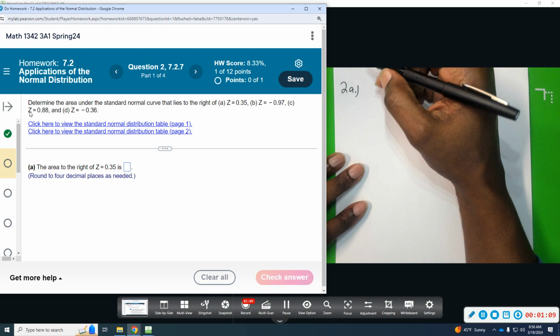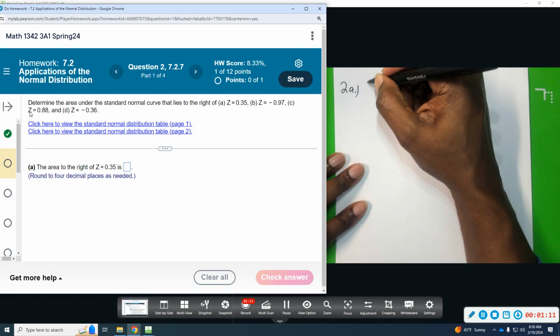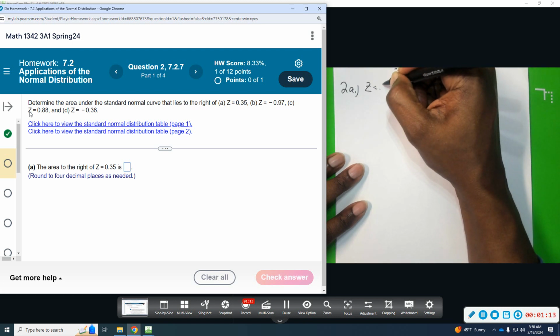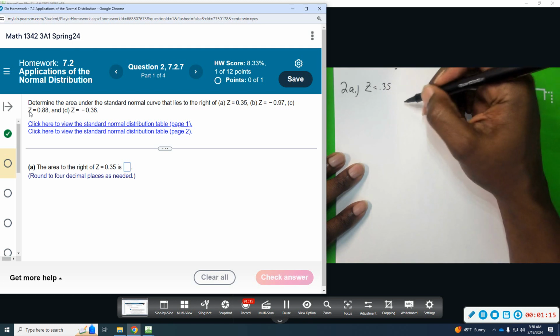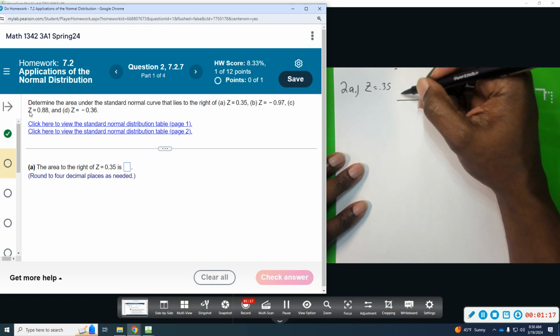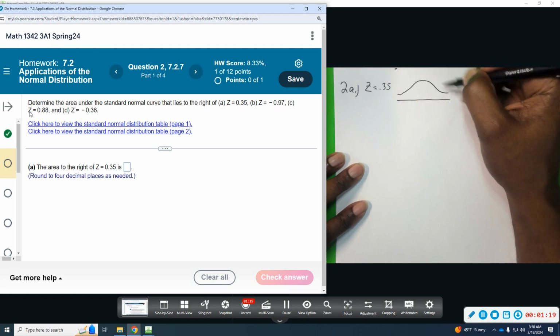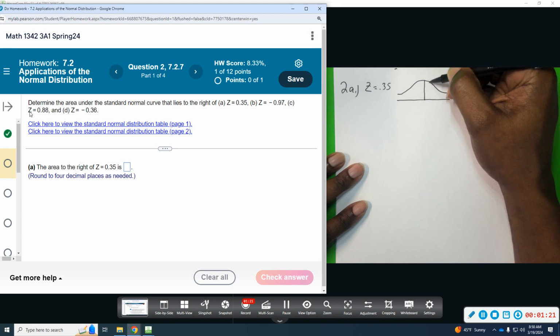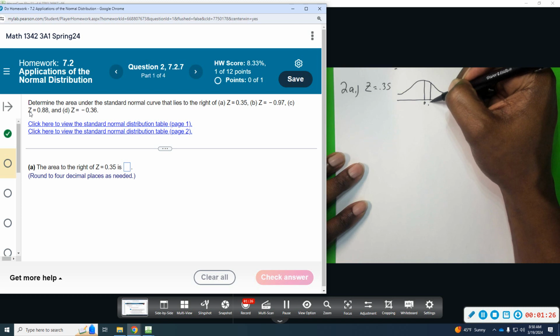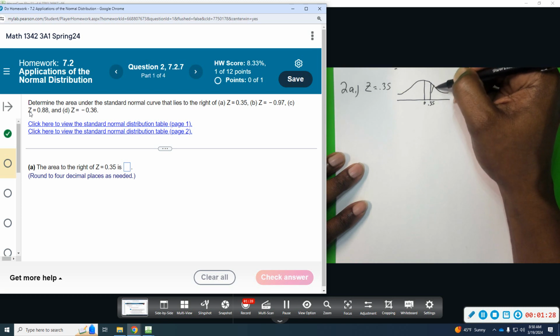2a, z is 0.35. If I was to draw this out, 0.35 would be to the right of 0. This is the mean. I want to find the area to the right.